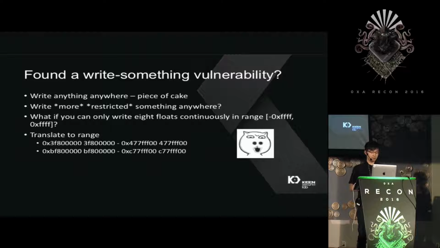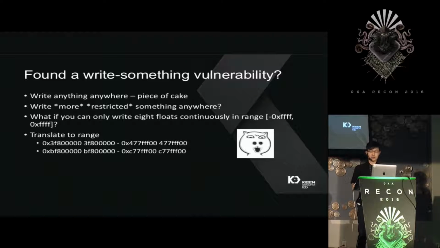But if you get a restricted write-something-anywhere vulnerability, just like the Blizzard vulnerability, where you can only write 8 floats continuously in this range, and the value you can write only begins with 3F and 47, or begins with BF and C7.